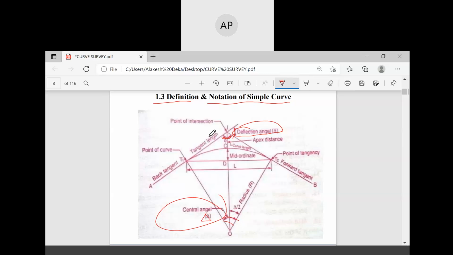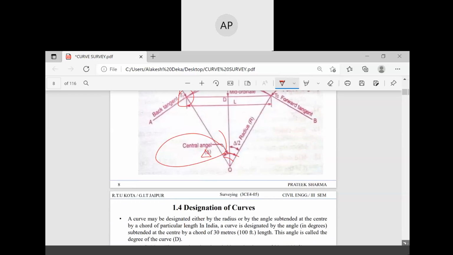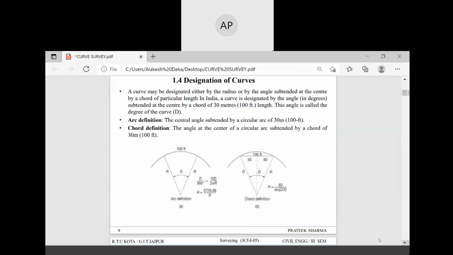Delta is the angle, and this one is the tangent length, point of curve, point of intersection of two tangents. Designation of curve: arc definition and chord definition.